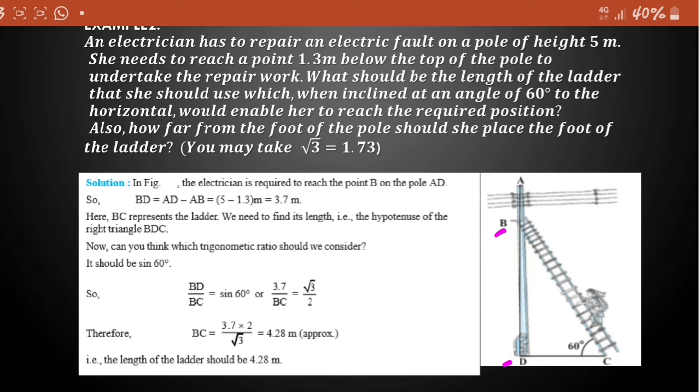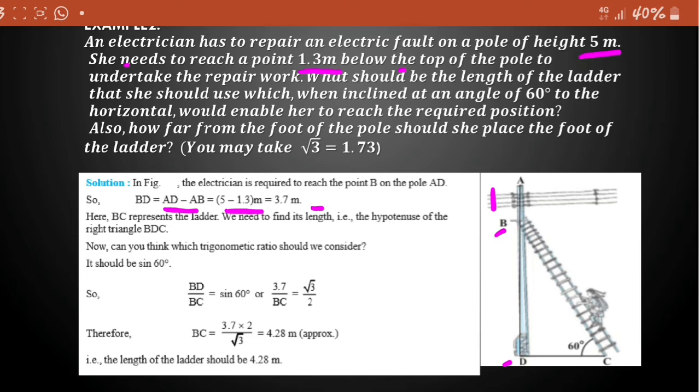Now AD is the height of the pole, which is 5 meter given in the question, and AB is given as 1.3 meter. Why? Because she needs to reach a point 1.3 meter below the top. That means this B is 1.3 meter below the top, so AB is 1.3 meter. So BD will be AD minus AB, that is 5 minus 1.3, that is 3.7 meter.